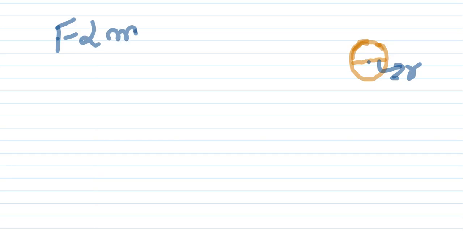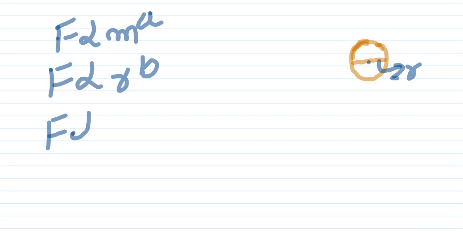So F is proportional to m power a. Next, F is proportional to the radius of the circle r, and the particle is moving with velocity v. So let us derive the relation.